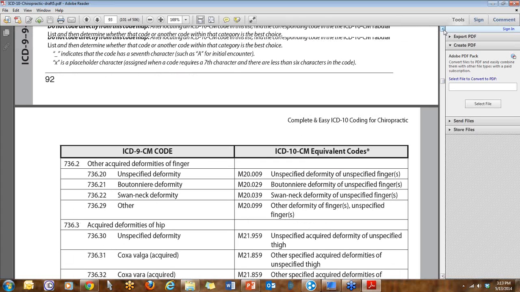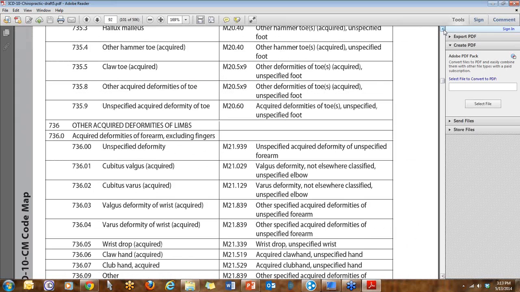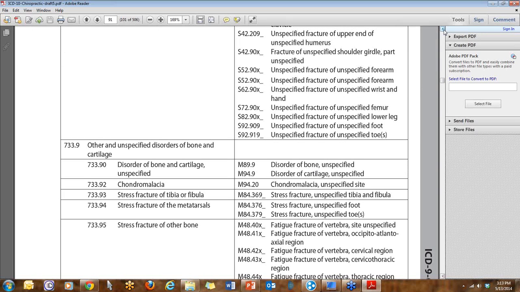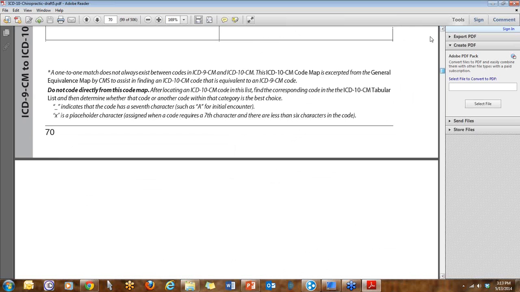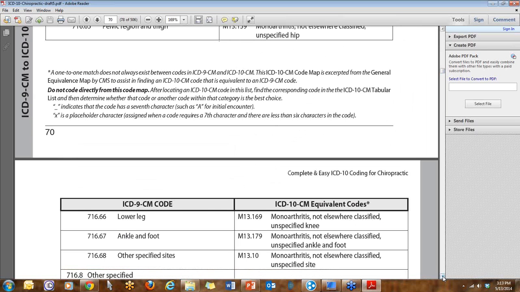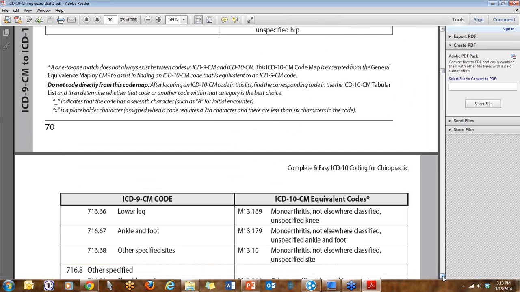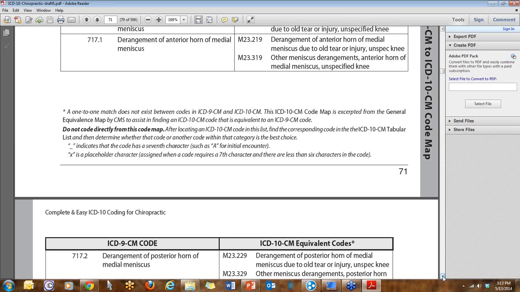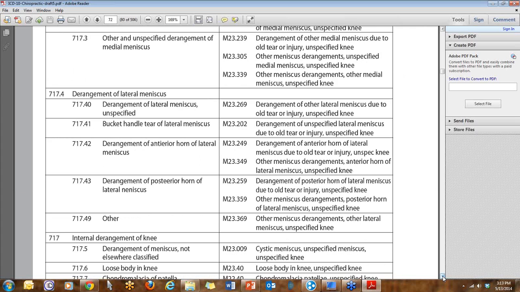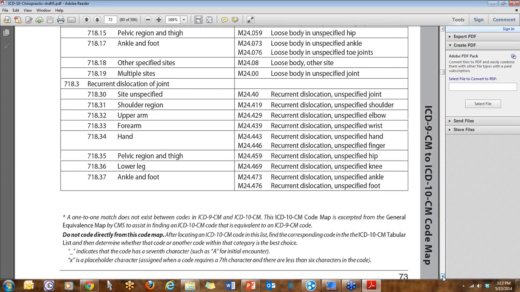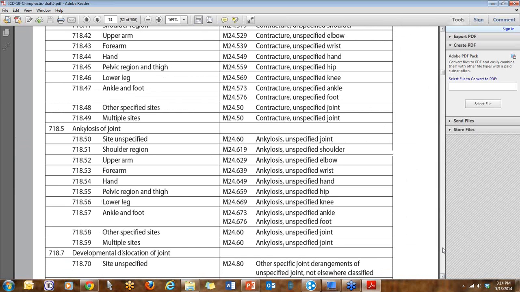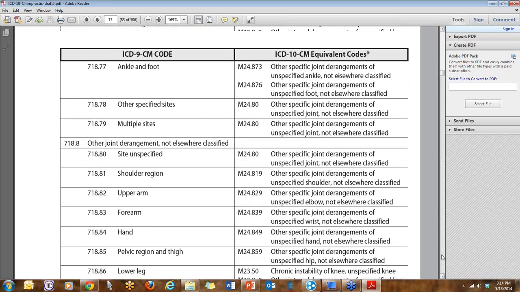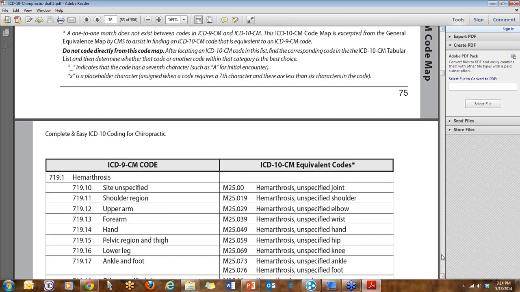I don't believe there's going to be something that's going to take you right to piriformis, I know there isn't. The best you're going to be able to do with the GEMS is come here and go to 728.85, because that's a muscle spasm.